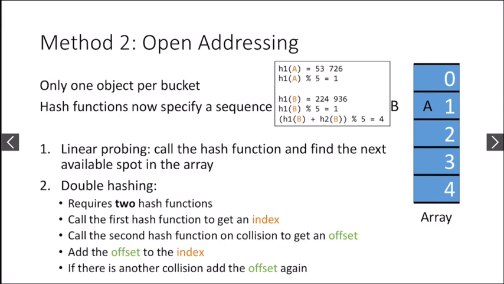But now you just call two separate hash functions, still modify the number of buckets, and that gives you a brand new number that's not just a linear probe. So the B would go all the way down here. If there was something there, you would just call this hash function again, which would cycle you somewhere else up in the array. So those are our two baseline methods for handling collisions.